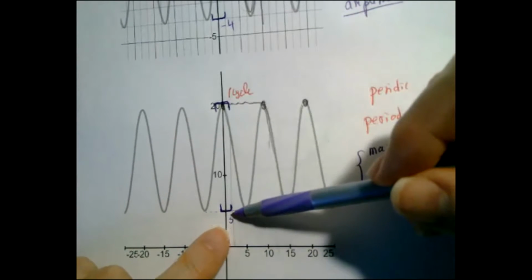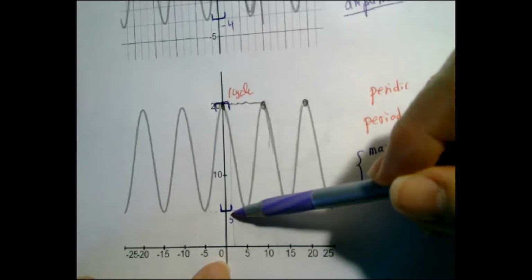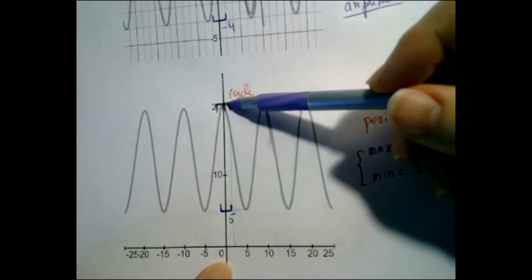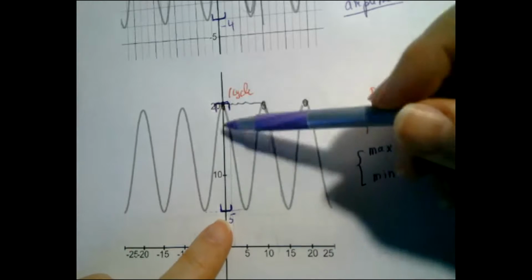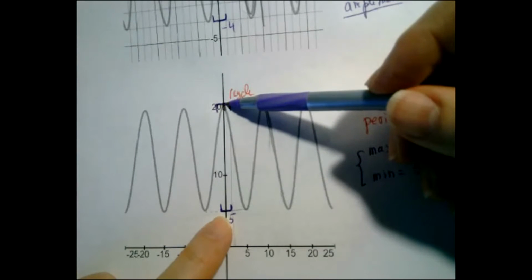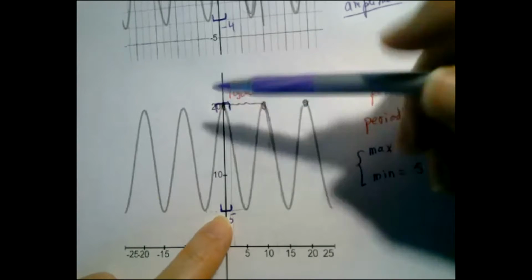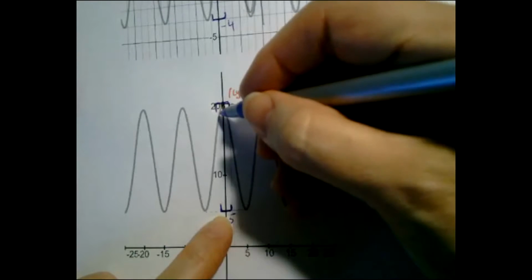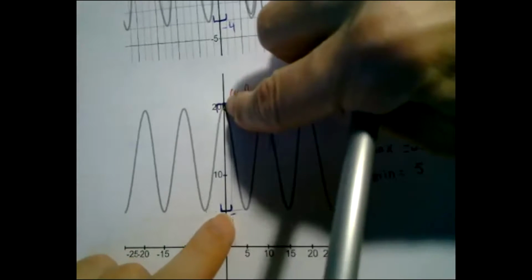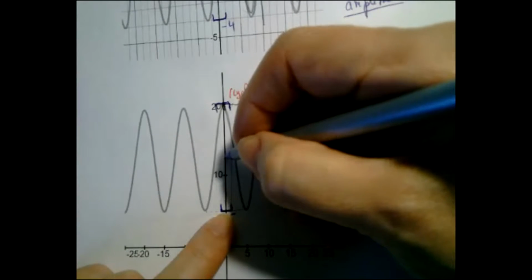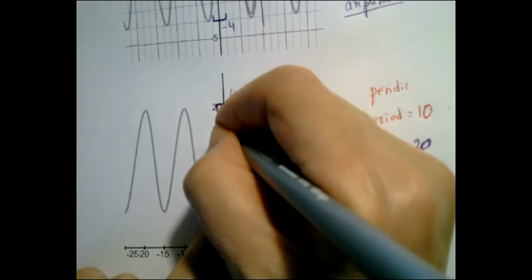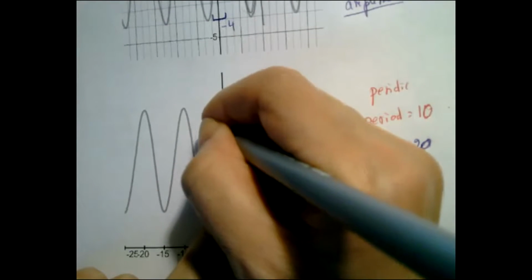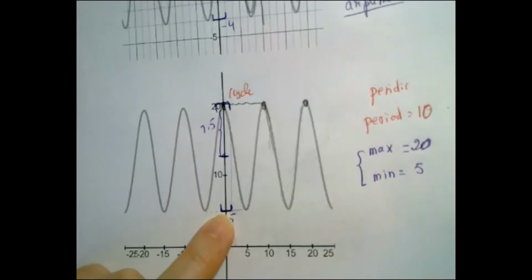From 20 to 5, how many units do I have? 20 minus 5, so I have 15 units. Half of them is 7.5. So from here to here, this is 7.5, halfway between them.